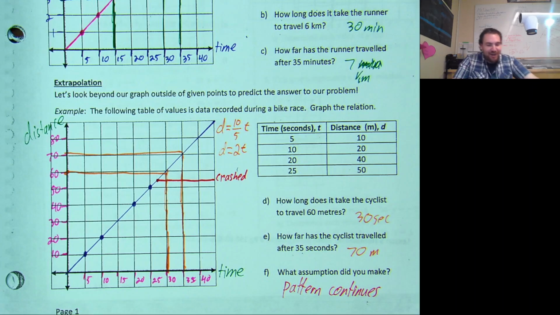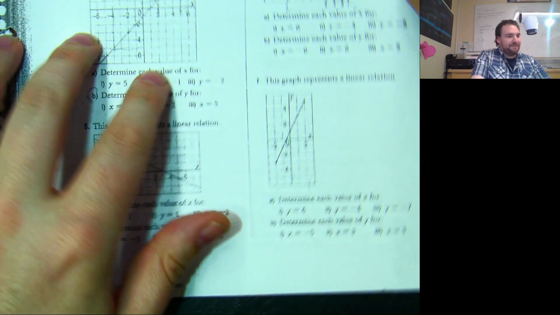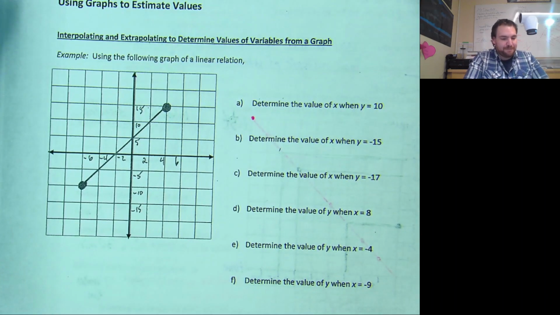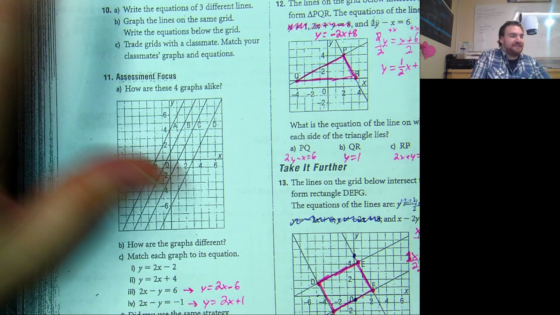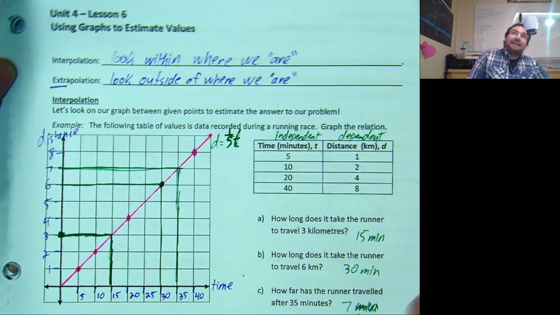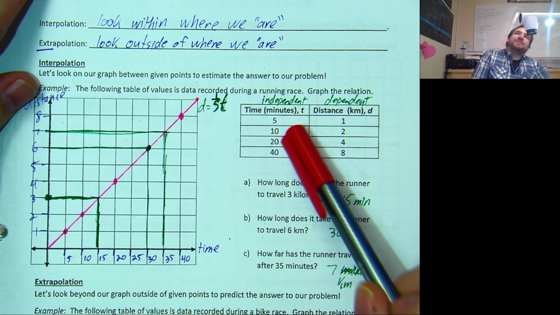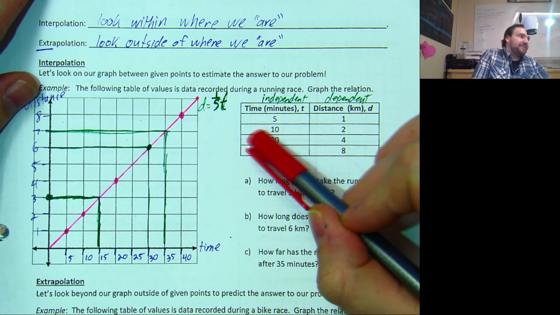Okay, so questions, comments, concerns about what we've done here? Hearing nothing, flip the page. What did we do differently? All we did was we were outside our data set instead of within the data. Here, we had 5, 10, 20, 40 minutes. 15 and 30 are in between these times.